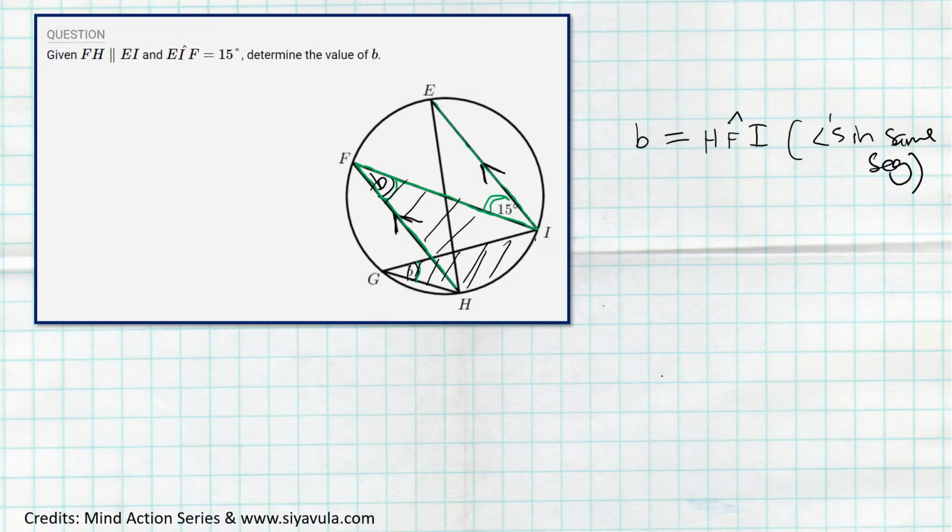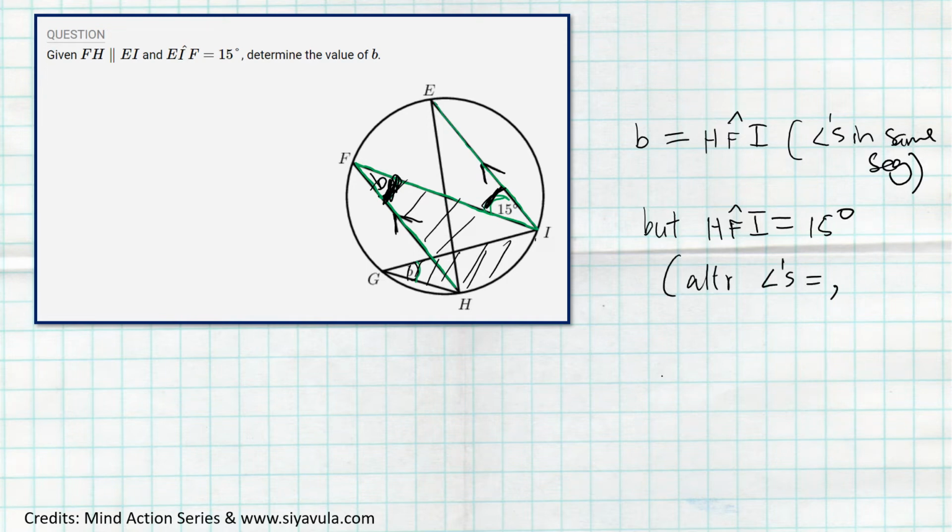Then they are equal because they are subtended by the same arc at the circumference and in the same segment. But we know that angle HFI is the same as 15 degrees, right? But by which reason? Alternate angles.